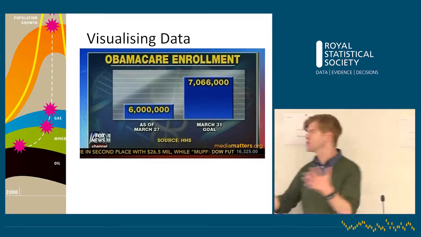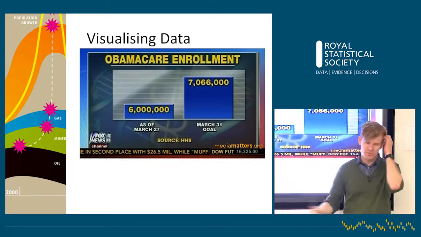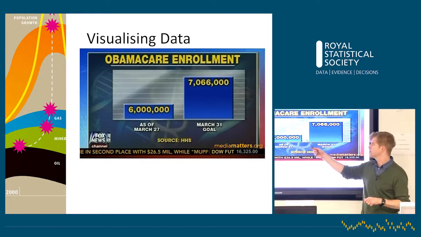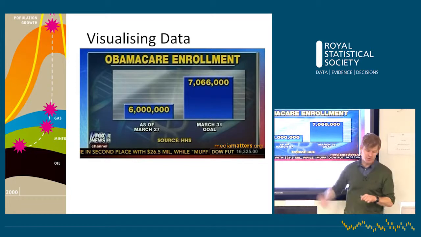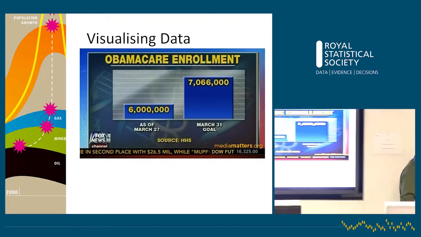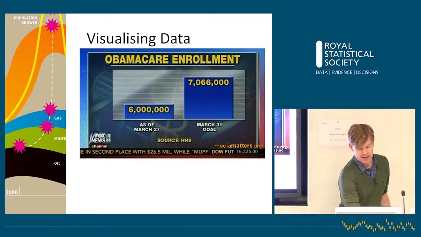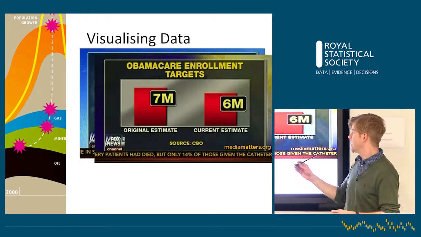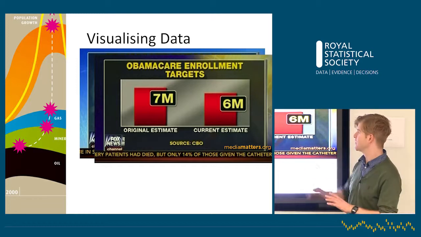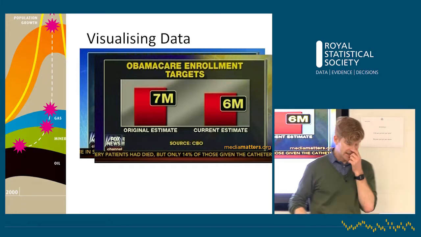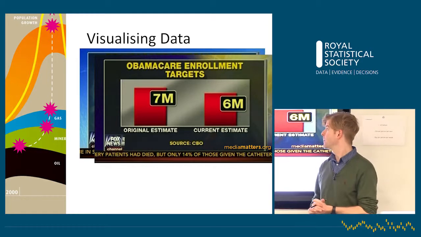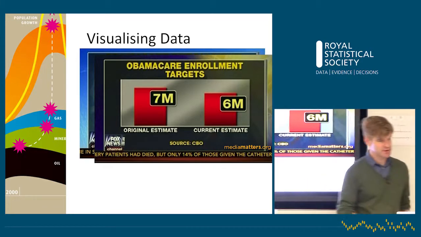So this is a situation where arguably there was a political point to be made in the fact that there is a bit of a shortfall in the number of people signing up for Obamacare a short time before the deadline ended. This is in Fox News. They did later correct it and produce a more helpful graphic, which illustrates that it's far less dramatic a difference between those two figures.